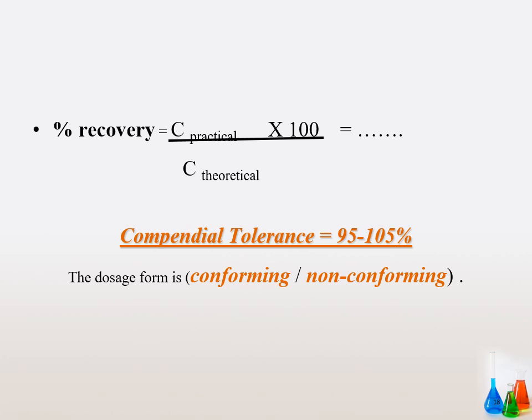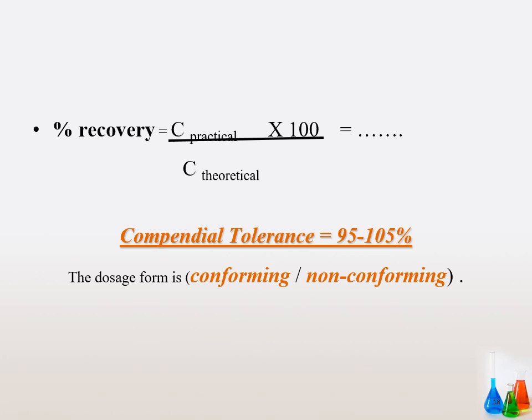The percent recovery equals C practical, which you obtained from the previous equation, multiplied by 100 divided by C theoretical, which is the reference standard concentration, 1.25 gram %. This percent recovery, we will compare to the compendial tolerance limit.